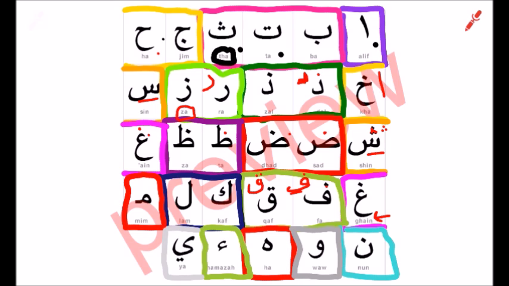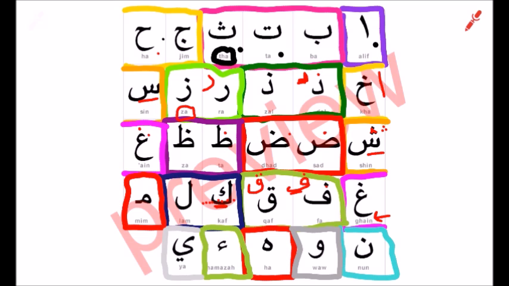Okay. Move on to the blue square. We have Kaf and Lam. Kaf, like Fa, has a relatively flat bottom, very straight. If there was an imaginary line right here, it would almost be on that line.